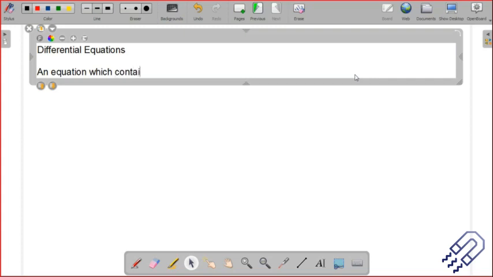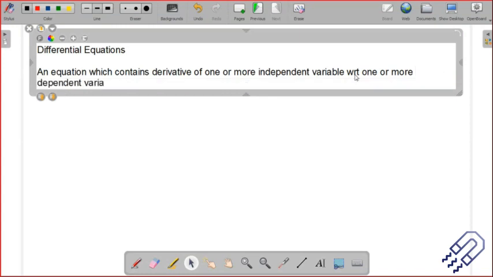We're going to take an example, which contains the derivative of one or more dependent variables with respect to one or more independent variables.